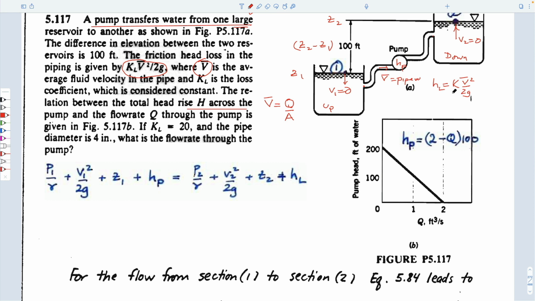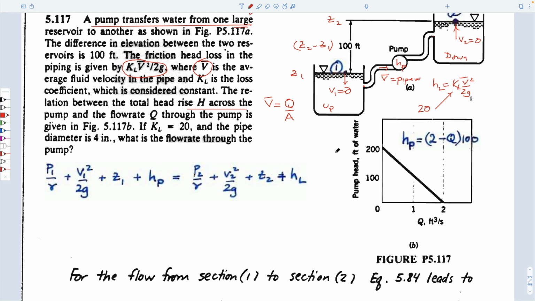which we'll come to. And just while we're on this loss coefficient, you have a value for this which is equal to 20. I said it's typically between 0 and 1. For pipe fittings it usually is, but this is for the pump loss, I guess. And the pump equation for the head across is given by this.